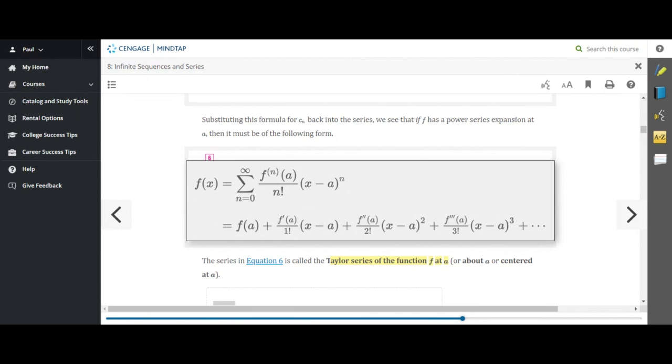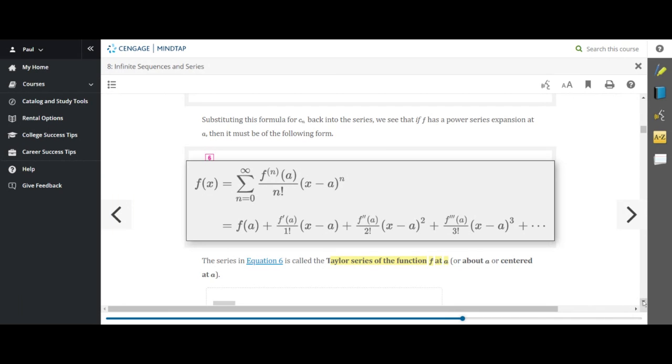All right. Well, we have to be able to, of course, pick a value of a for our power series. And in the examples, right now, you'll be told what the values of a are. Now, I want to say one thing.